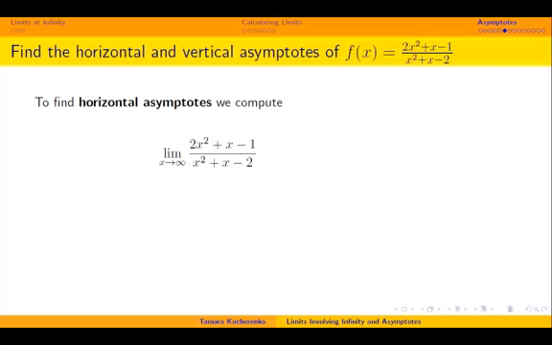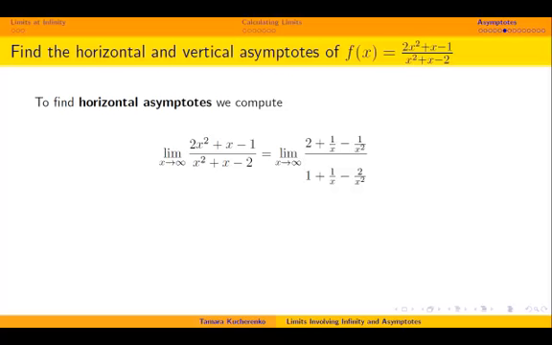The highest power of the denominator is x squared. So we divide each term of the numerator and denominator by x squared and obtain 2 plus 1 over x minus 1 over x squared divided by 1 plus 1 over x minus 2 over x squared.